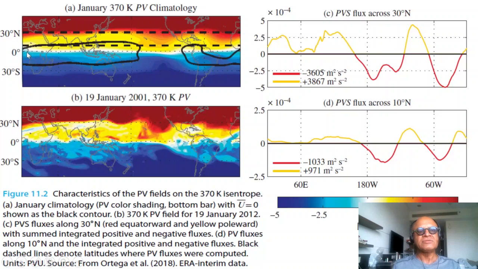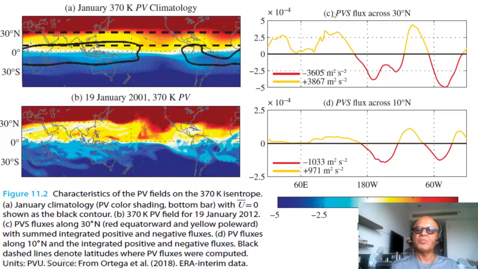The other characteristics, we know already that the sign of the PV is different across the equator. So here it's negative, and we won't focus much on the characteristics here, although you can see in the westerly duct there's an intrusion from this side as well. You can look at the transport of PV on 370K across the 30-degree north line and the 10-degree north line here.